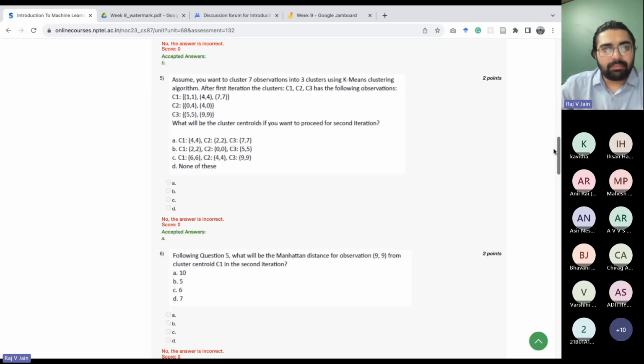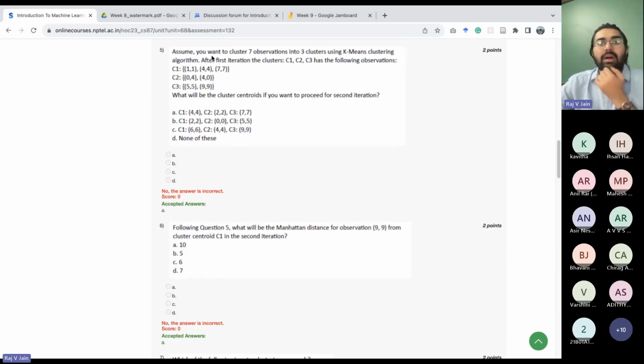Okay. Question number 5. Assume you want to cluster 7 observations into 3 clusters using the K-means clustering algorithm. After the first iteration, these 3 clusters are formed. Now, what will be the cluster centroids if you want to proceed to the second iteration? How will you compute the cluster centroids?